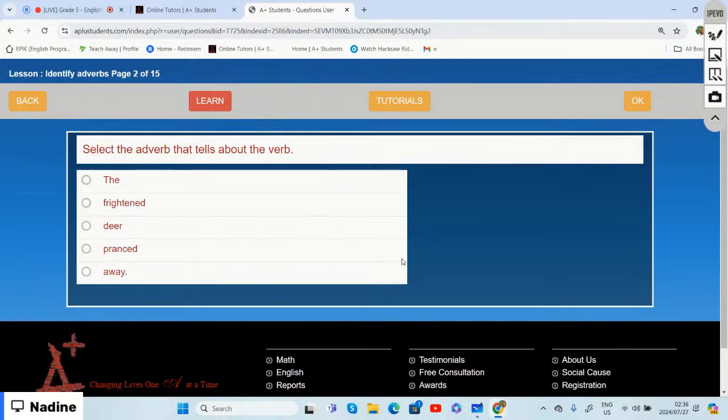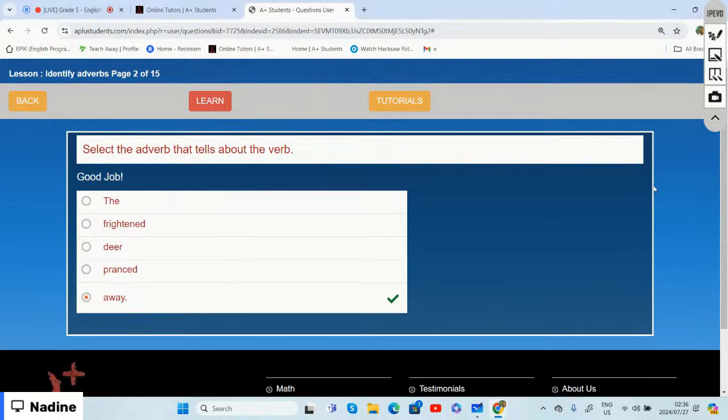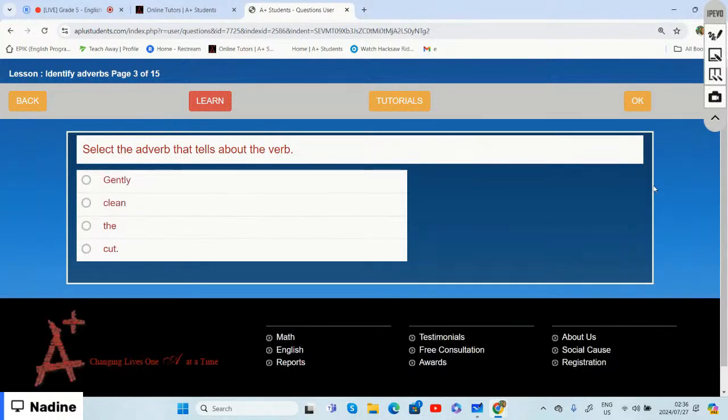And if we were to select our adverb, then we would say away, because it tells us how this animal is prancing. Pranced away. So away is our adverb that tells us about the verb, which is pranced.